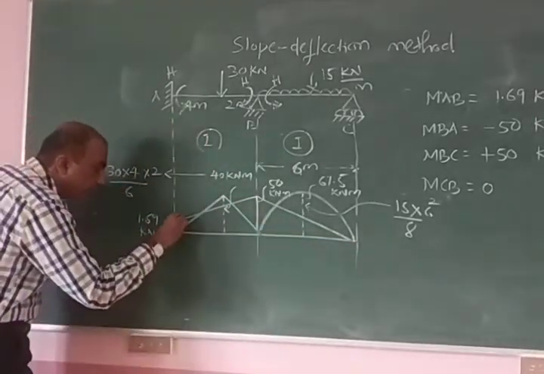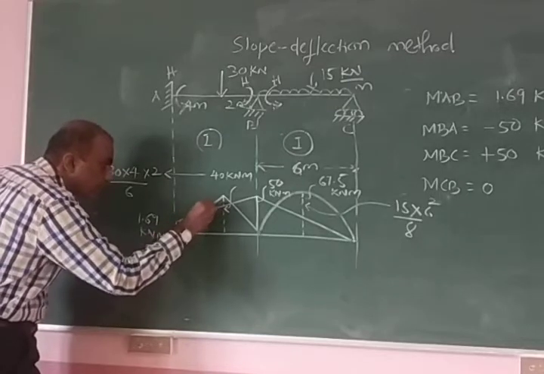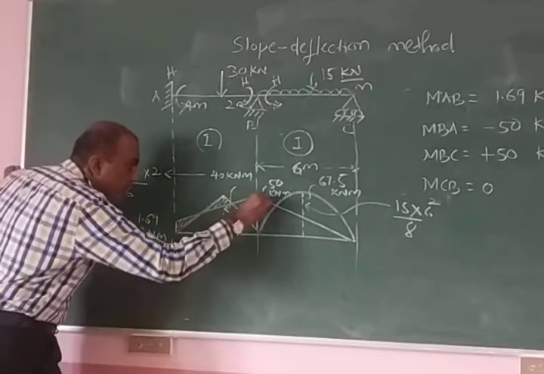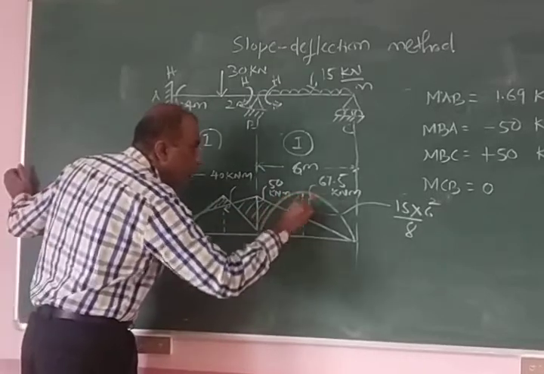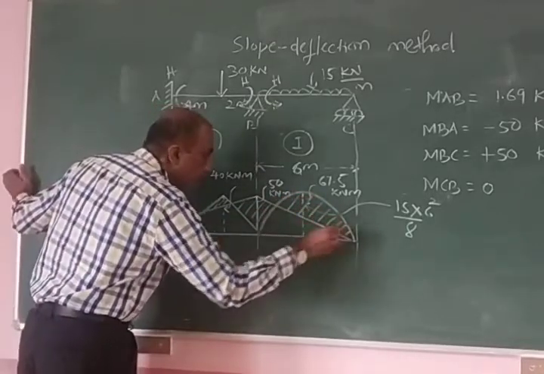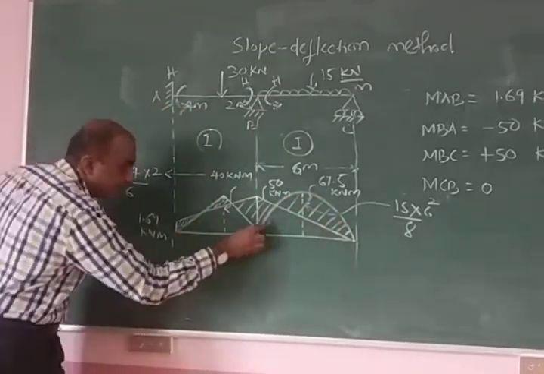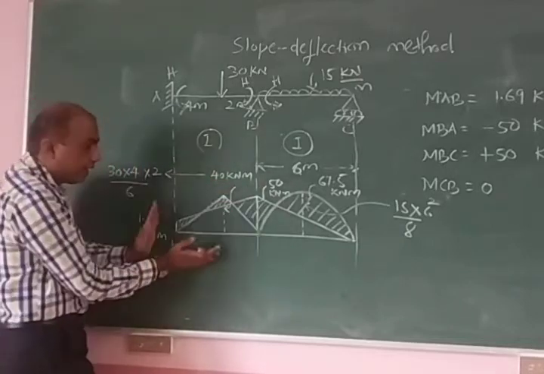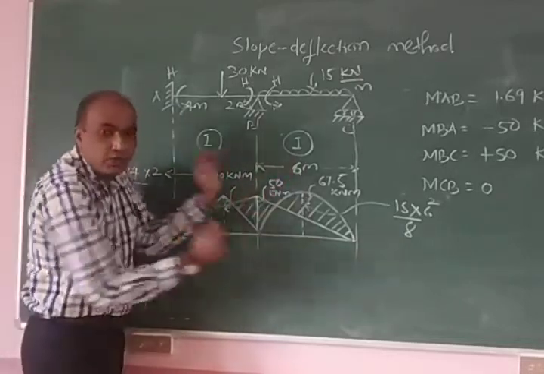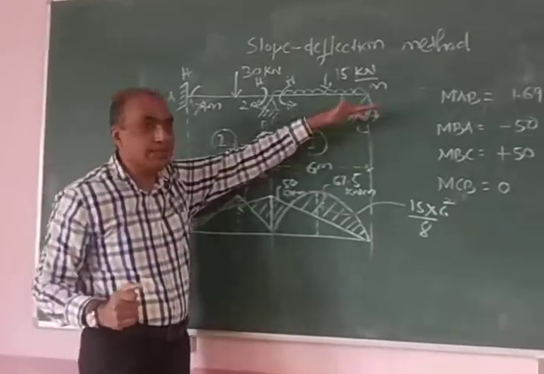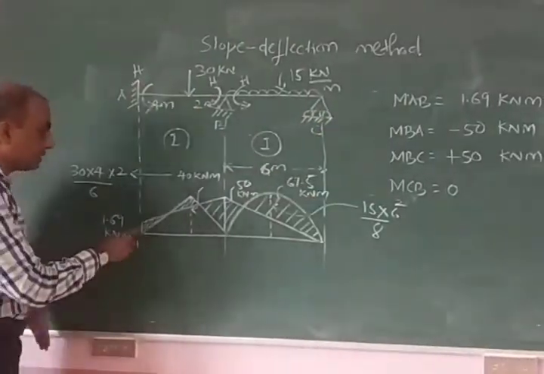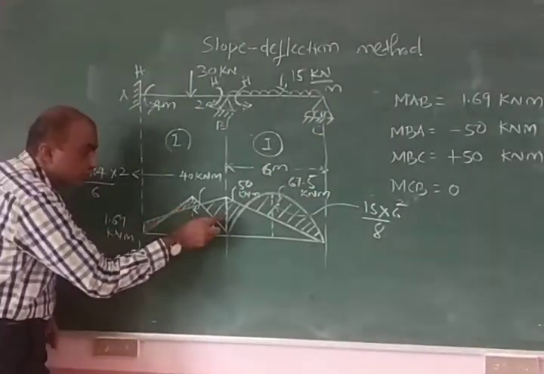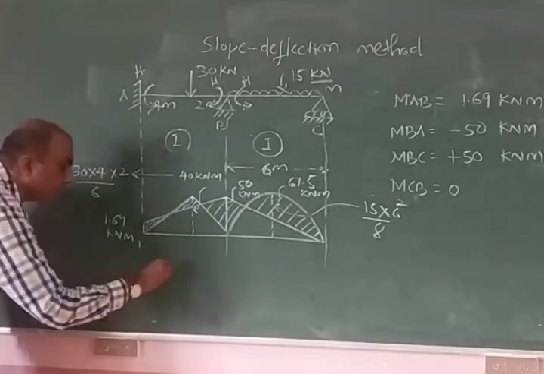And now the remaining diagram, the shaded or hatched portion, is the net bending moment diagram. That means this much bending moment has cancelled. Over the sagging bending moment diagram, we have superimposed the hogging values. The hogging values are these. So the net bending moment diagram is shown by the shaded portion. So this is your final BMD.